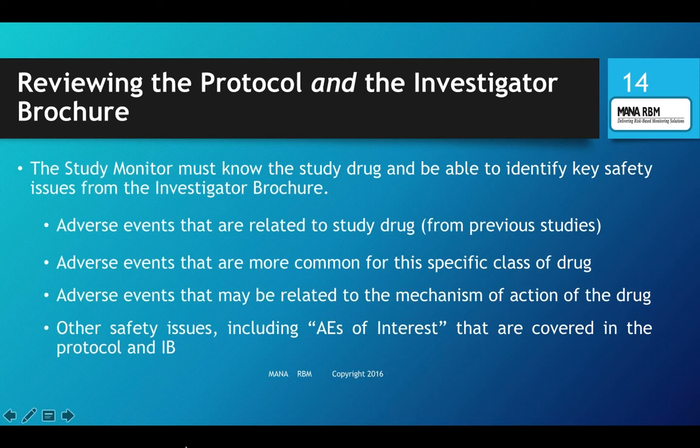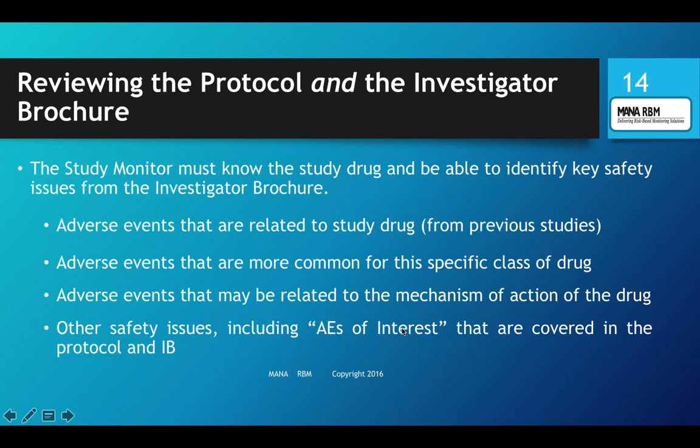If it's for some of the drugs that are used to treat diabetes and they now have some cardiovascular effects, do I want to think about that? So you're wanting to think not just about what's there for a specific drug, but what do you see in that class of drugs? You want to understand the mechanism of action of that drug. How is it working? Because that will affect what you might see for adverse events.